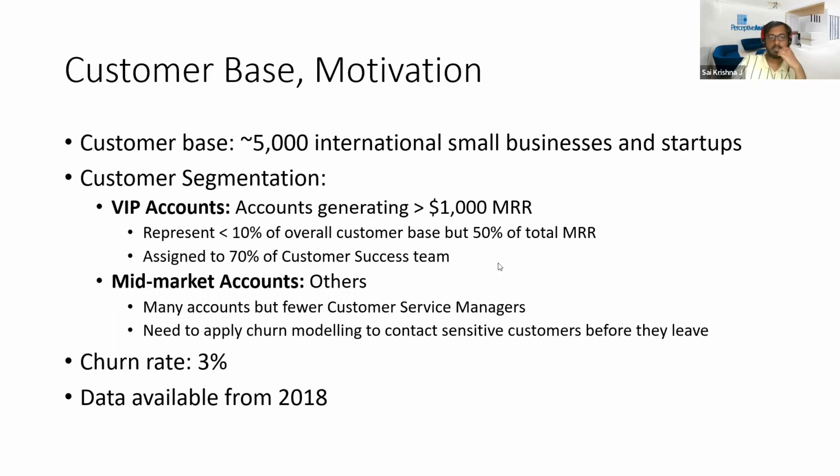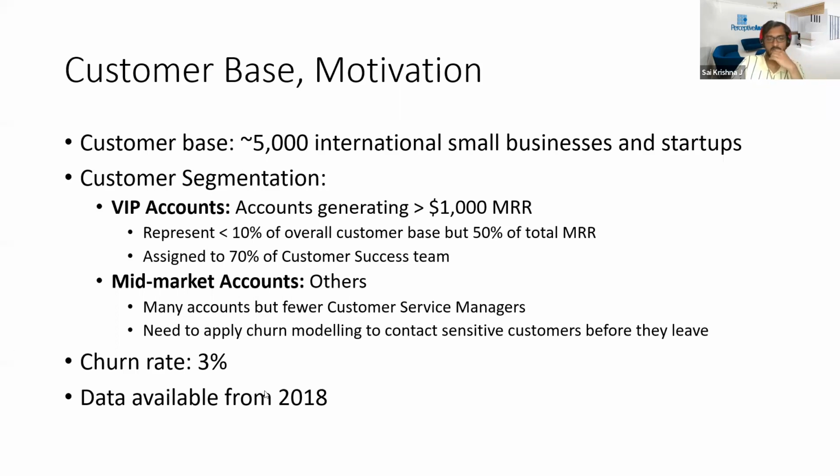They measured the baseline churn metric. It was 3%, which is to say, month on month, on average, 3% of the customers would leave the company to join a competitor. For example, instead of using this company, they might use Skype or something else.